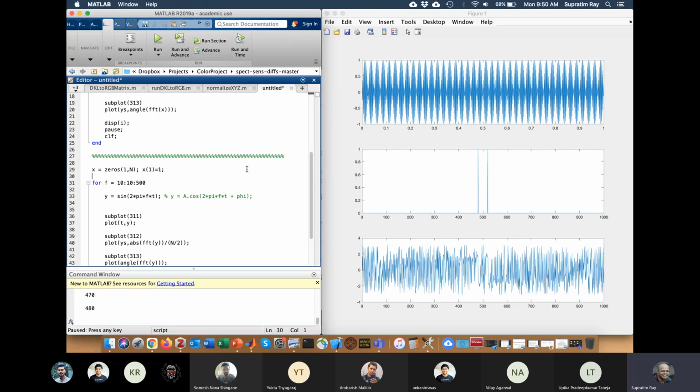This is the delta function that I had talked about. And I'm going to say my y is equal to y plus x. Or even simpler, let me just say that y1 is 1. Remember, if it's a sinusoid, the first element is 0. So instead of that, I'm making the first element 1.